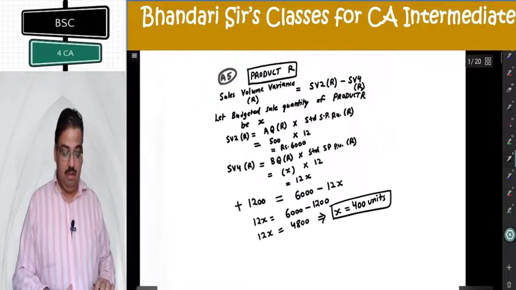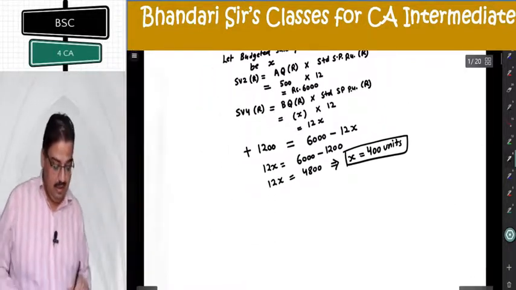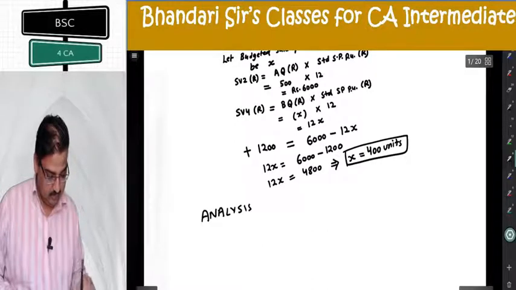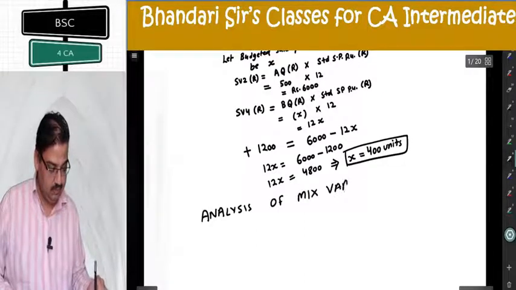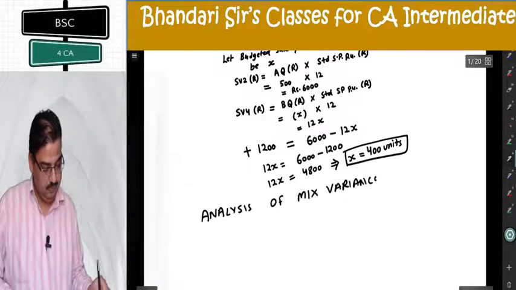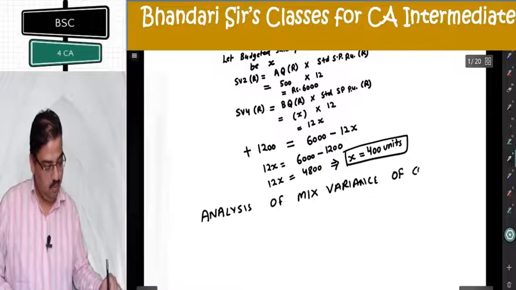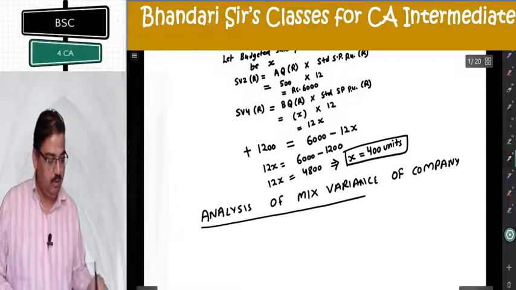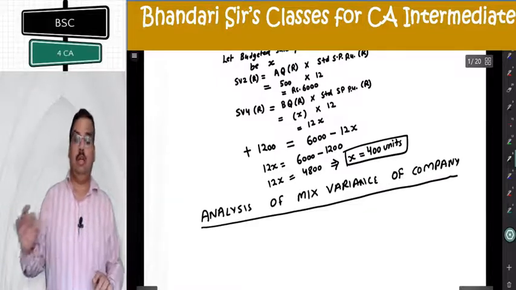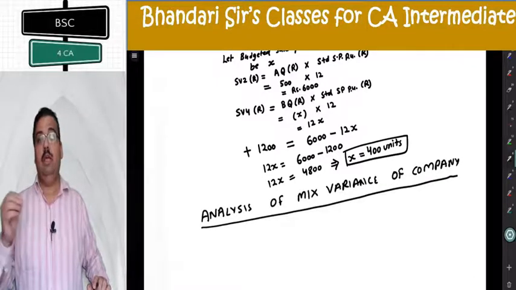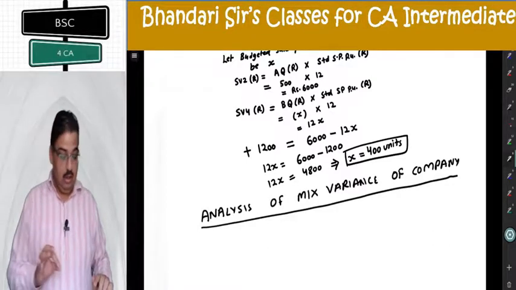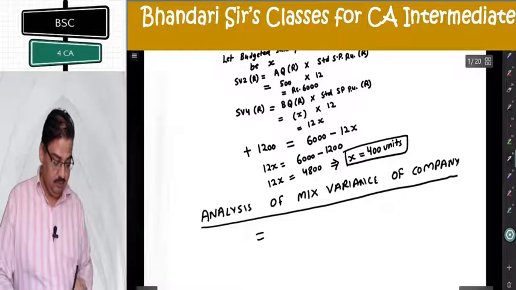So now what I am doing, analysis of mix variance of company. It is not for a single product. Always start from a single product. We started from product R. From there we computed its budgeted units as 400 units. Now what is mix variance?